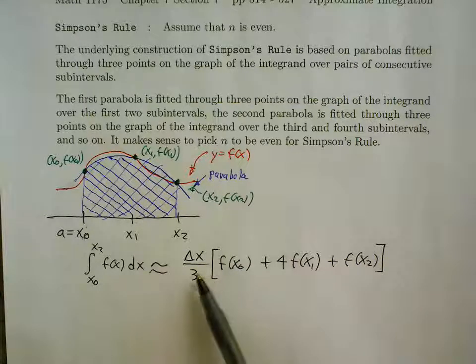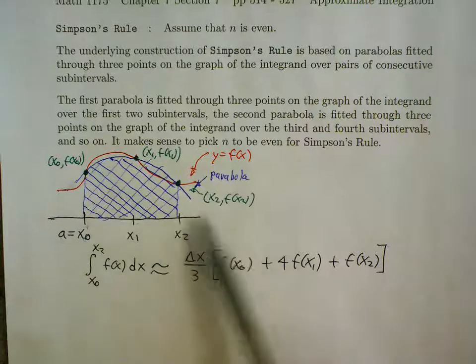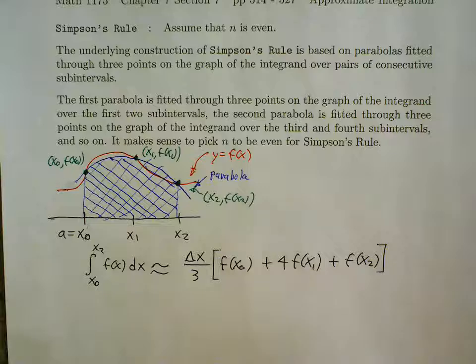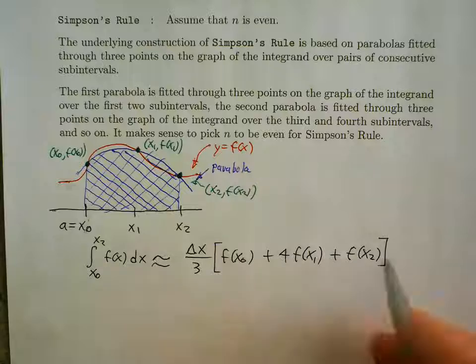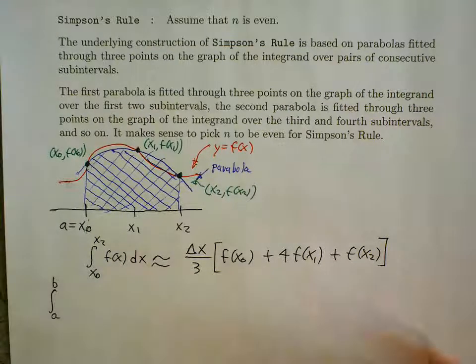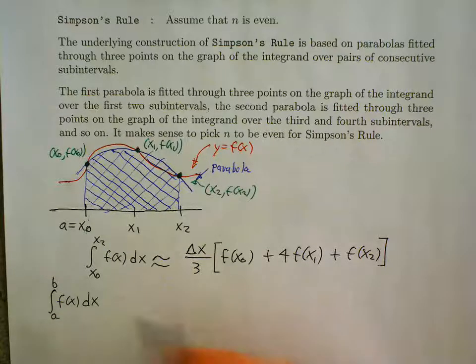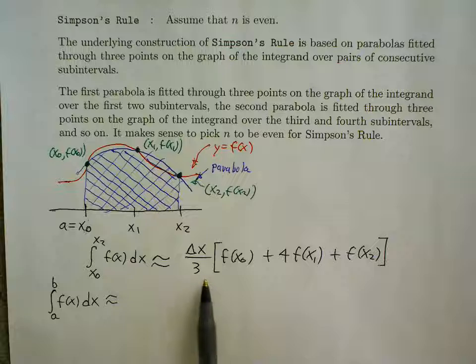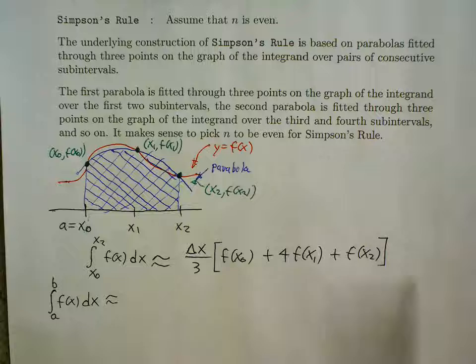Okay, so this construction occurs on each pair of subintervals. So the definite integral from a to b will be approximately equal to n divided by 2 of those sums.